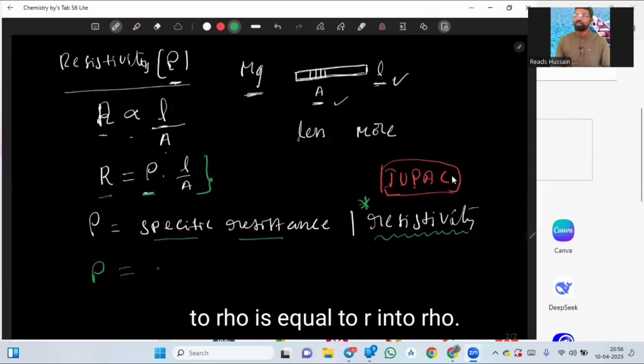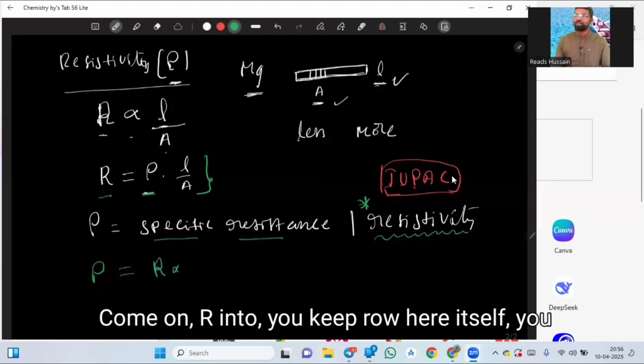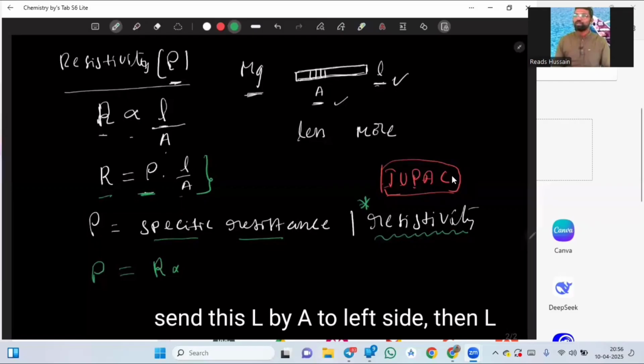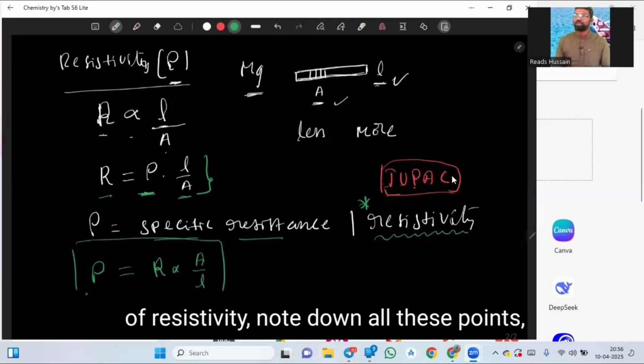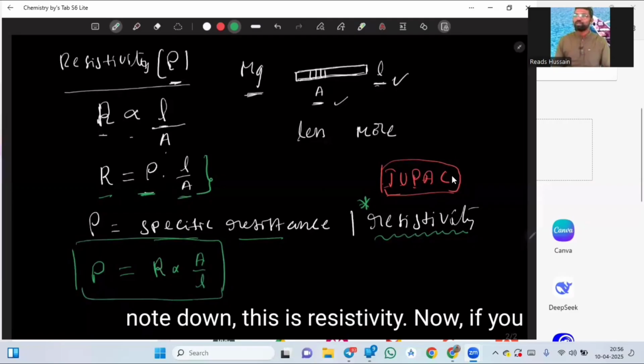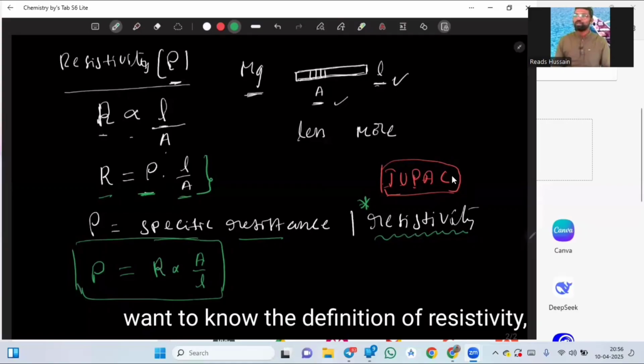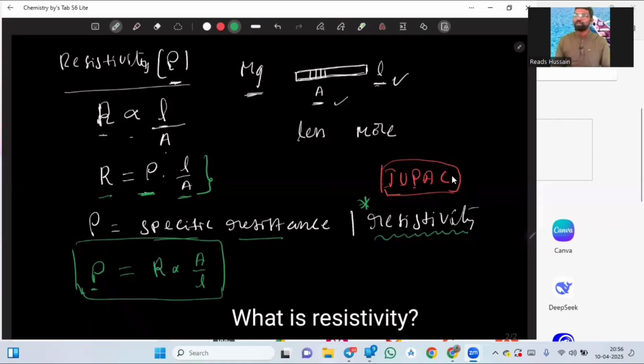Rho is equal to R into, you keep rho here itself, you send this L by A to the left side, then L by A becomes A by L. So this is the formula of resistivity. Note down all these points.